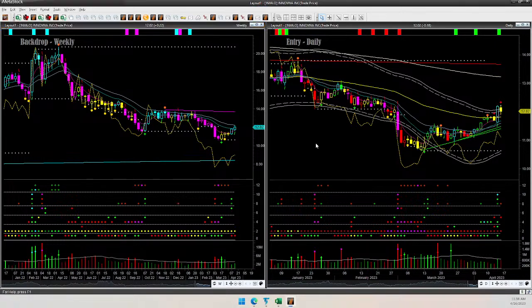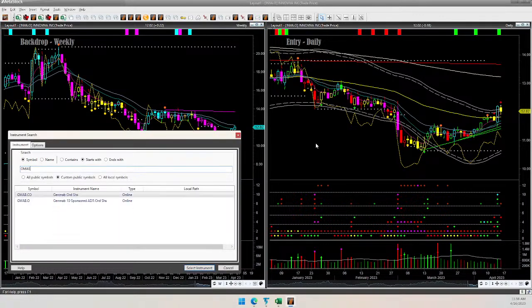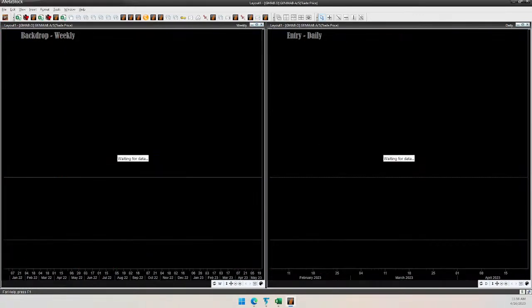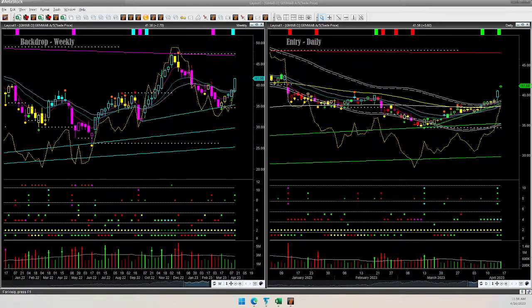And the other stock was GMAB. This stock also gave a possible flow long trade setup. Weekly was already bullish, so that confirmed the flow setup, and though it is above the upper boundary, it is allowed to take a flow long setup above the upper boundary if it was before in a downtrend and just now starting to go up.